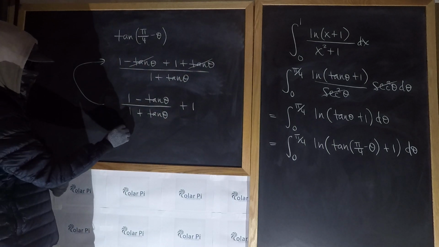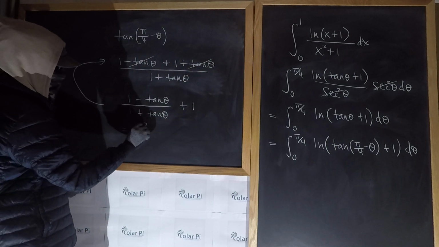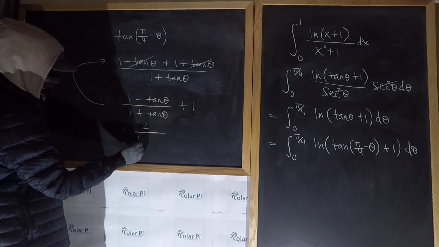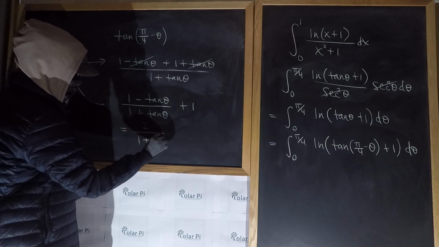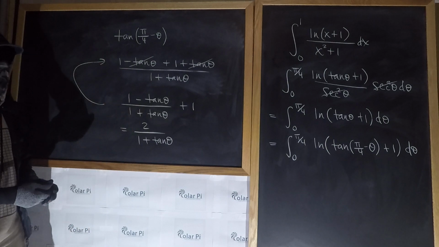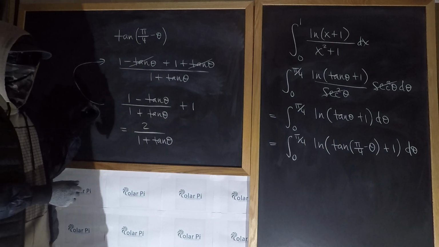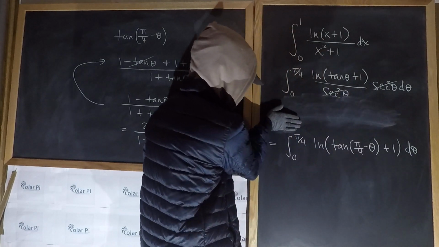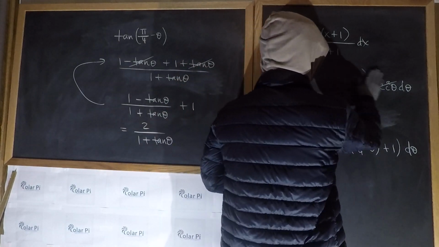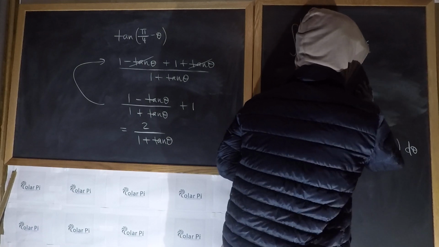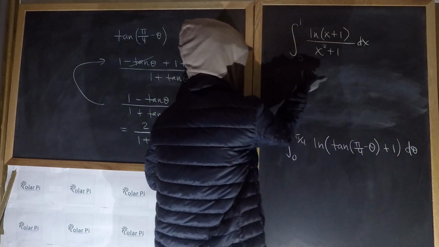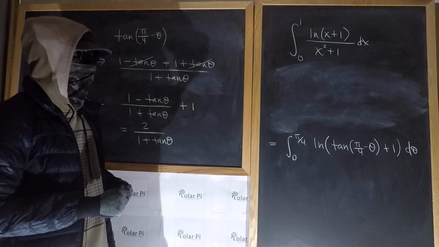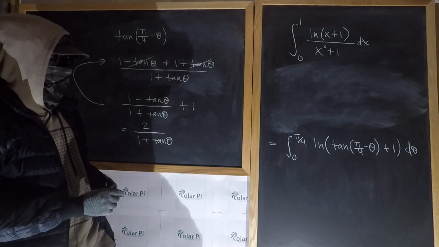And so this here is the same as 2 divided by 1 plus tan theta. Okay, so not unlike what I just did over here, let's make space above this part, right? And so, yeah, what's next?